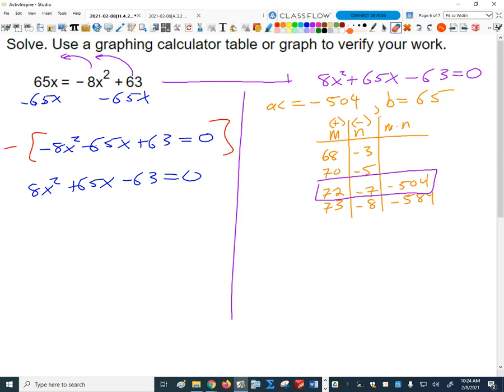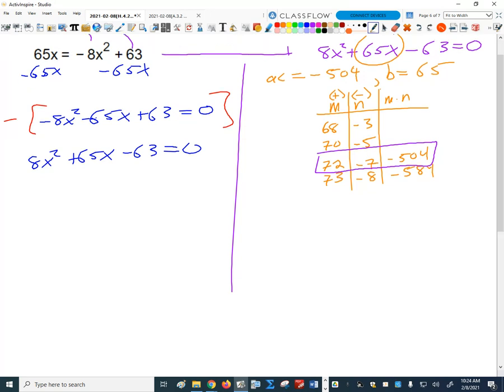This is probably a little bit of overkill for solving by factoring, but we always want to over practice things. So then we know these are our magic numbers, 72 and negative 7. So remember, we're going to solve this by grouping. We're going to split that middle term using our magic numbers. So we're going to rewrite this whole thing then as 8x squared.